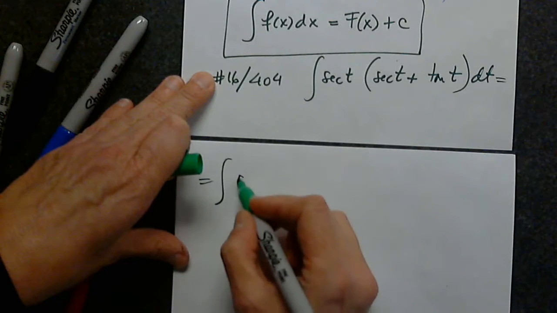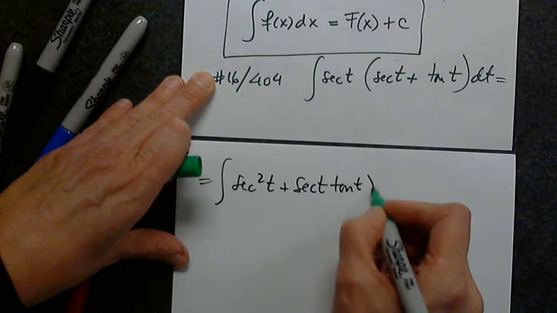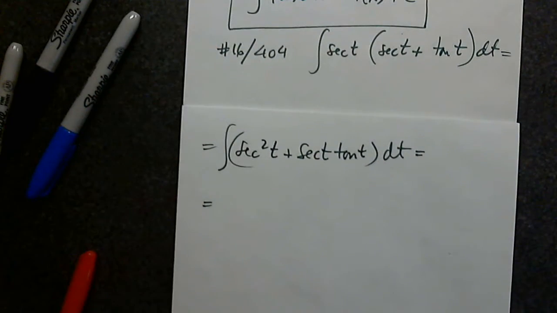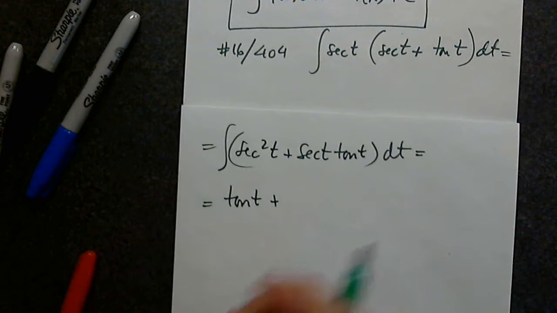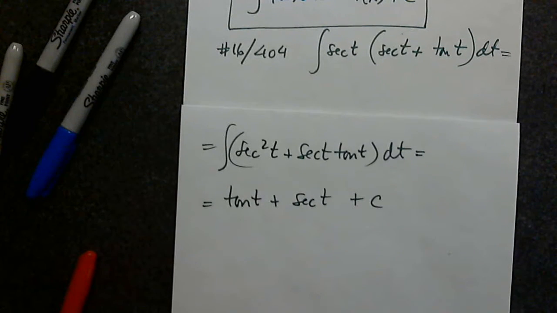So then I have the integral of secant squared t plus secant t tangent t dt. Now I ask myself, what function prime is secant squared? Plus, is there a function whose derivative is secant tangent? Yes. Secant t plus a constant. So this is the uppercase F plus the constant, the most general antiderivative.